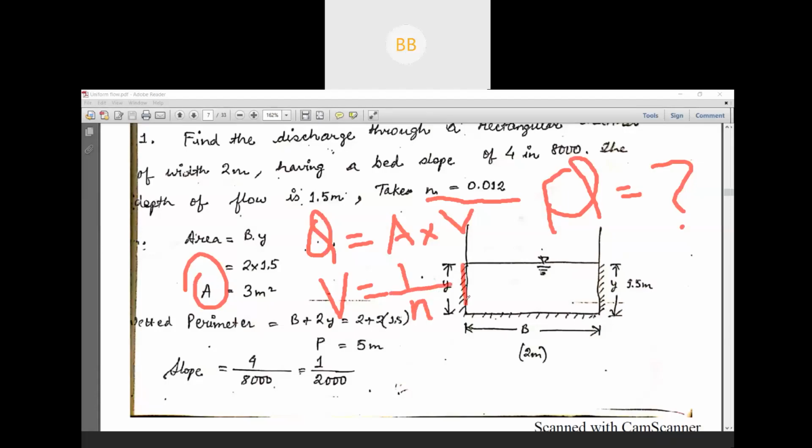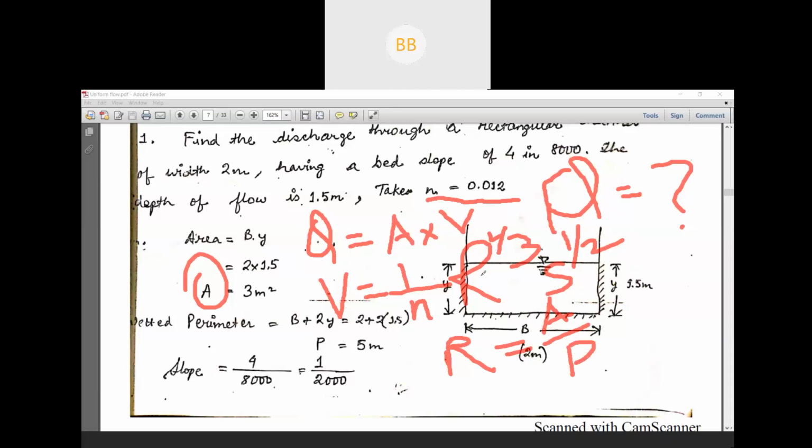So the velocity is 1 by n, R to the power 2 by 3, S to the power half. To find the velocity we need Manning's coefficient, which is given. Then we need to find R, the hydraulic radius, which is nothing but area by wetted perimeter. Area we have calculated; the wetted perimeter we need to calculate.